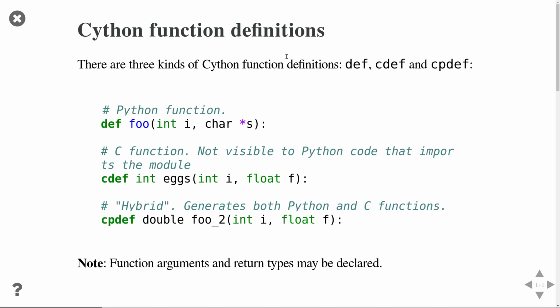But we can also start specifying the types of our variables inside the definition. Here, I create a Cython function where I specify that the first argument is of type int, and the second argument is a pointer to a character, which is used here for strings. So this is a Python function where we've specified the types of the arguments.